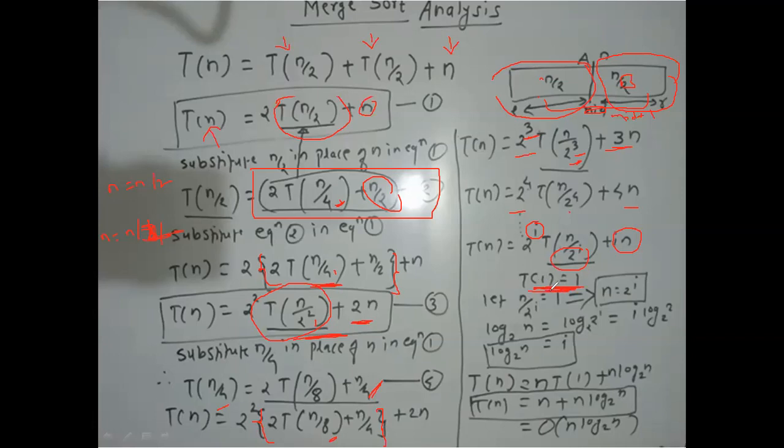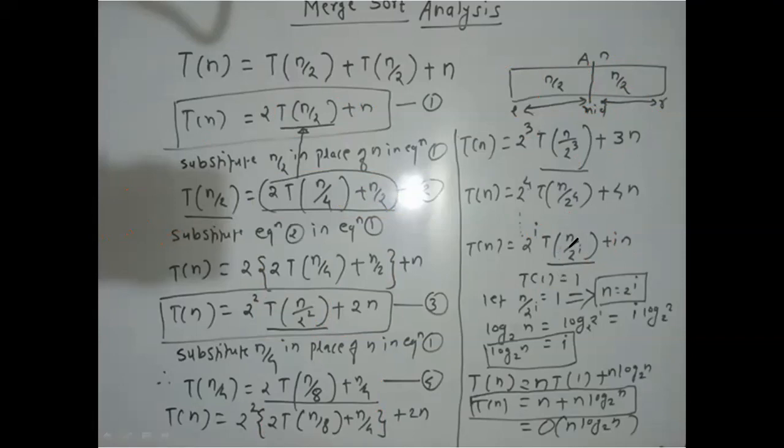Finally, it will come to the value T of n equal to 1. So I am taking here T of 1 equal to 1, that equals T of n by 2 power i equal to 1. Then n equal to 2 power i.